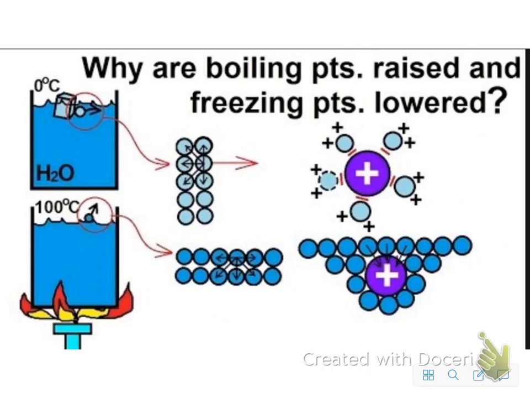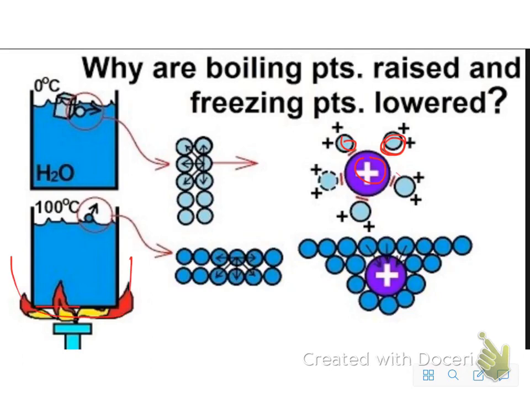Okay, so let's talk about what actually happens. Why are boiling points raised and freezing points lowered? It's all about what happens with the solute in water. It's going to be attracted to the water molecules, which prevents the water molecules from being able to do the things that they do during boiling or freezing. So let's look at the bottom diagram.